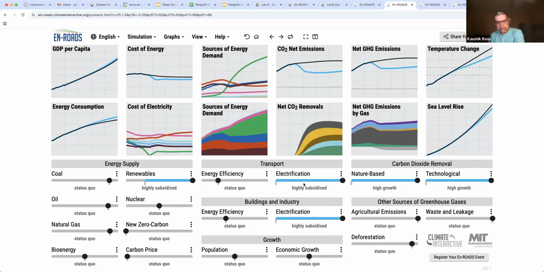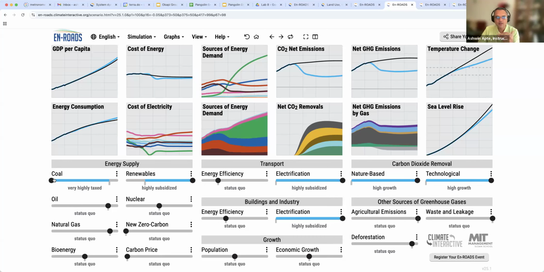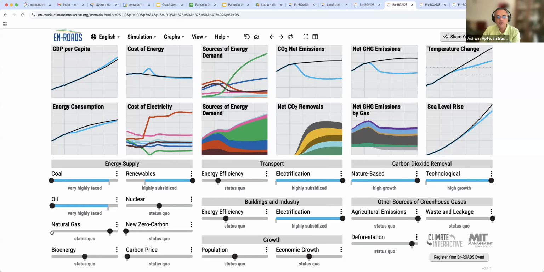So what we also need to do in addition to all of these is control or set some way of reducing fossil fuel use, because that's not naturally happening. Yeah. So if you were to remove coal, then you'll start seeing the energy consumption line start going lower, and oil and natural gas.